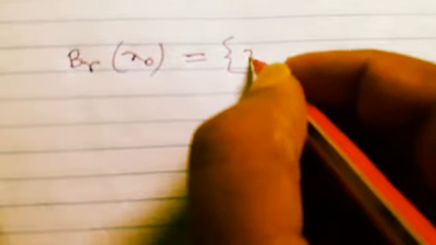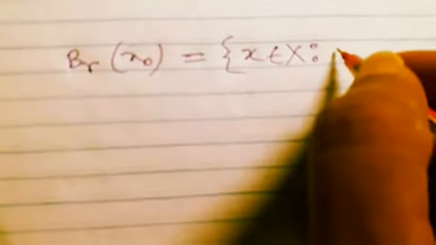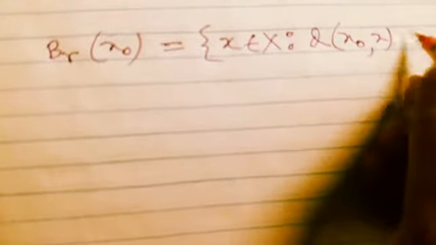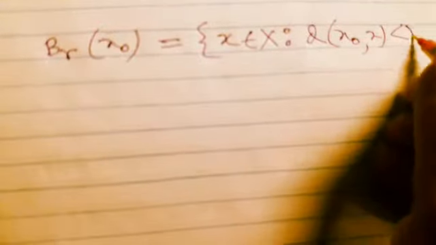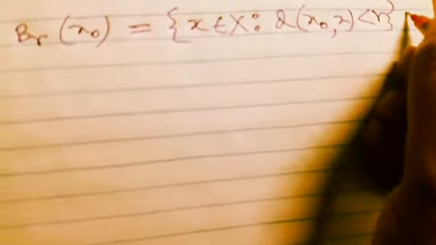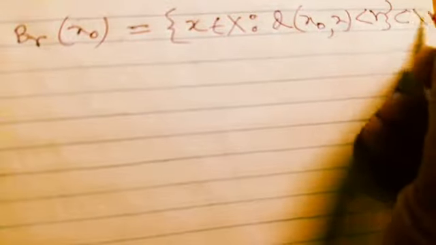B_r(x0) is the set of any element x belonging to the space X such that the distance function, the metric, d(x0, x) is less than r, and this is an open set which is a subset of X.